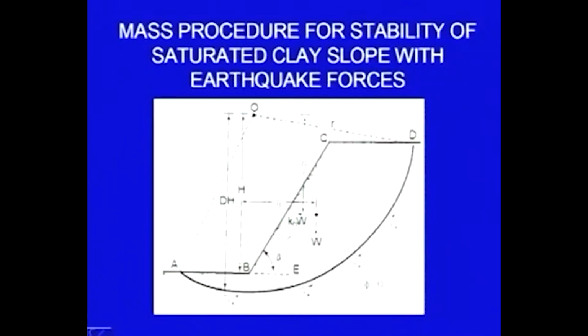So, this kh multiplied by W gives you the force which acts here, and the force is taken to be acting in this direction. So, it is destabilizing. You can find out now the factor of safety by considering all these forces.